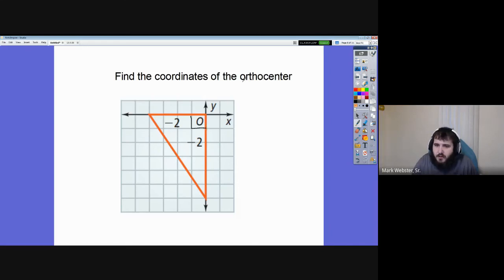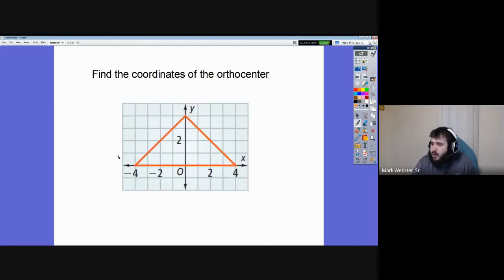And since this is a right triangle, I know that the orthocenter is right here on the corner, yeah? And that's all. So it's got the coordinate 0, 0. Go ahead. Give this one a try. Make sure you're capable. Make sure you can do it.